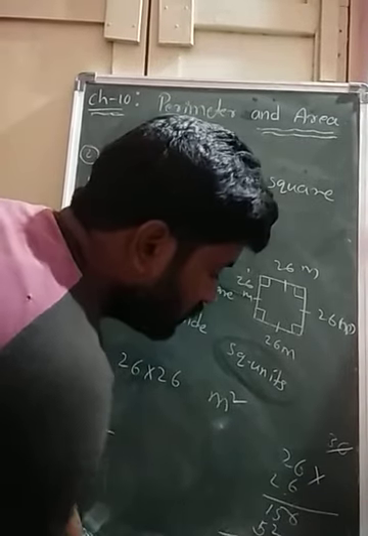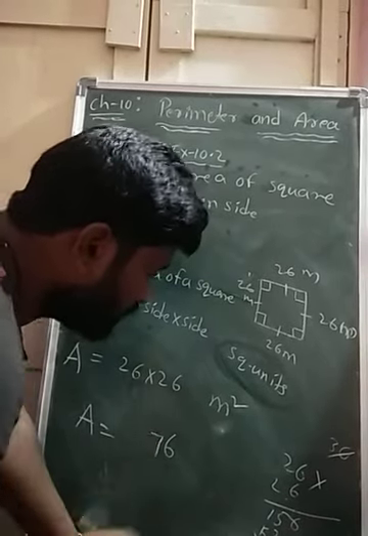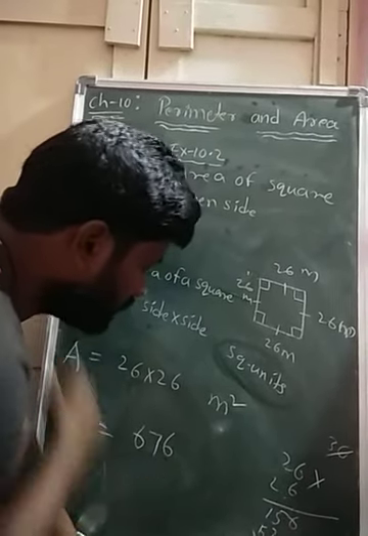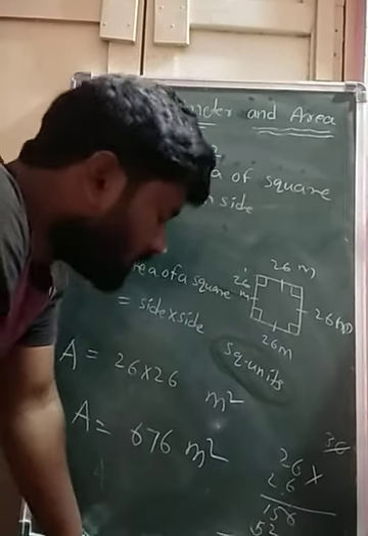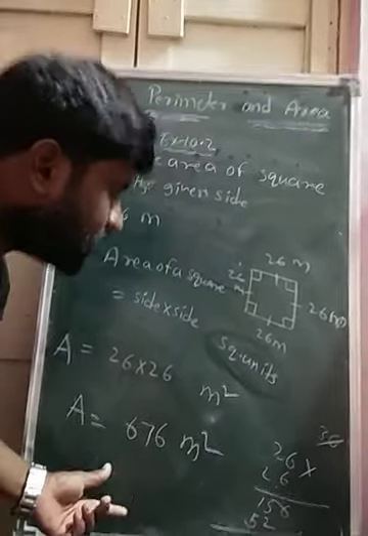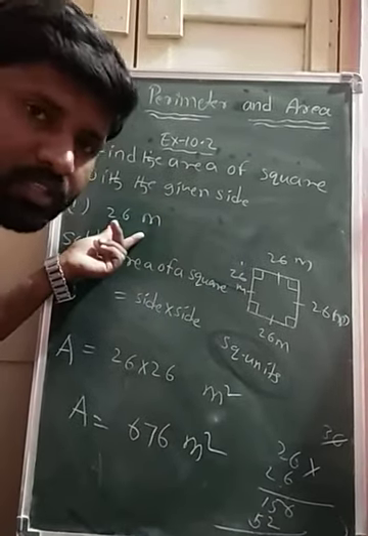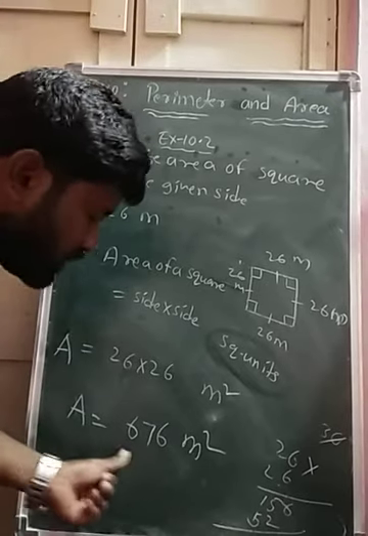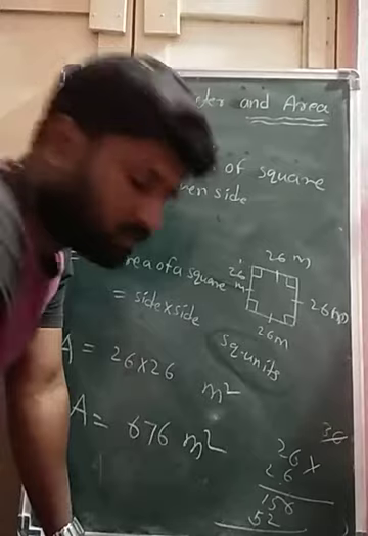So we get 676. So 26 into 26 is 676. So the area of the square with the given dimension is 676 square meters.